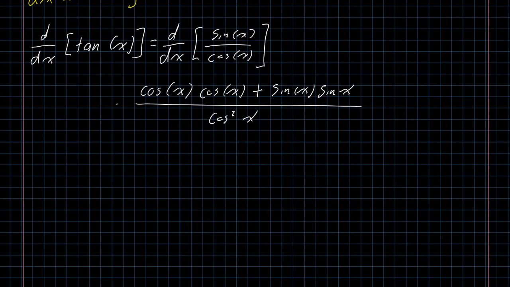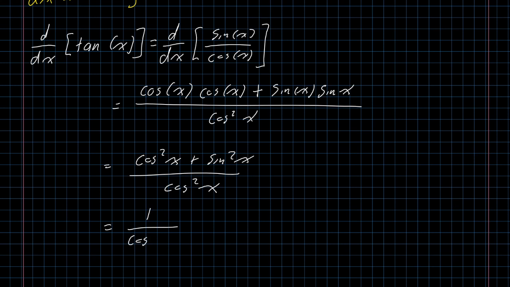Notice here, we have cosine squared, we have sine squared, and the Pythagorean identity tells us that cosine squared plus sine squared is 1. So 1 over cosine squared of x.